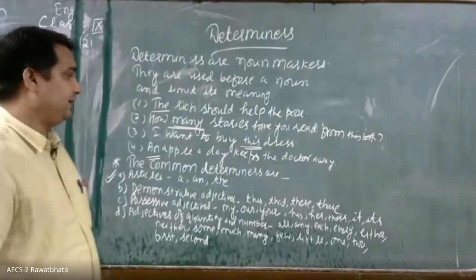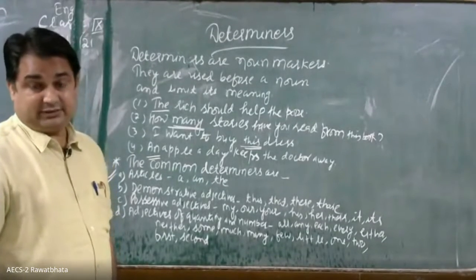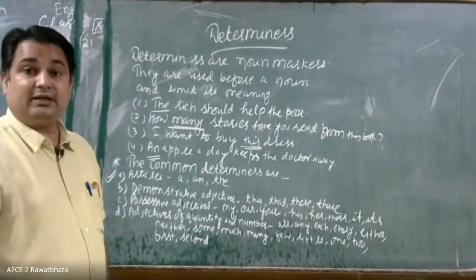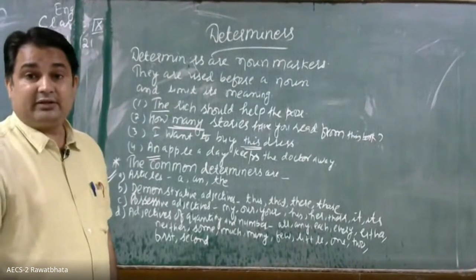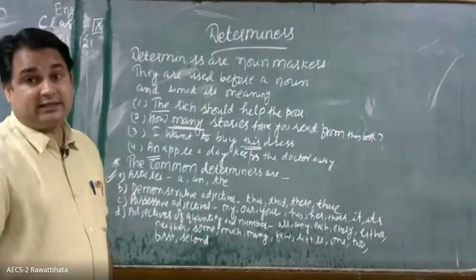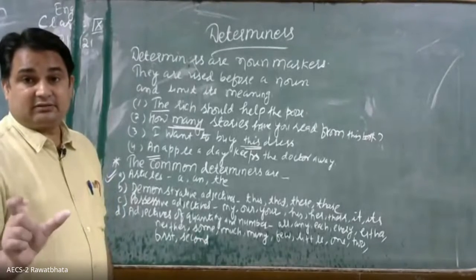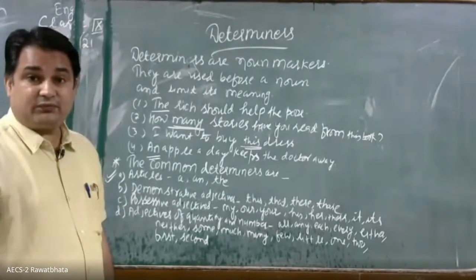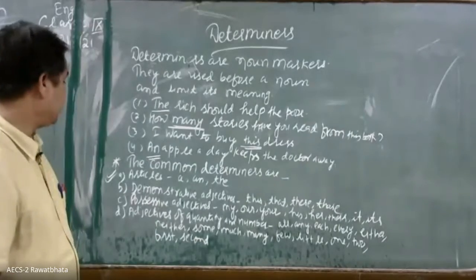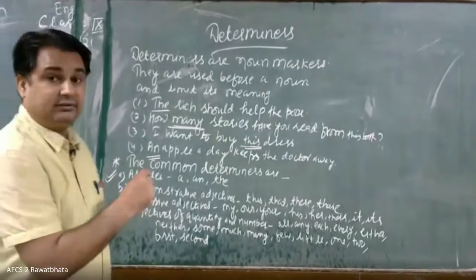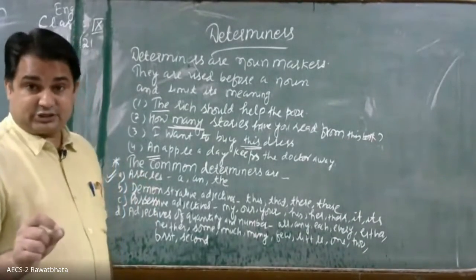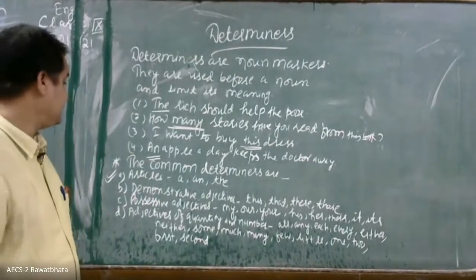As we say, the Ganga is the holy river. There it is specifying the particular nature of the Ganga. So a and the, the articles, are determiners.